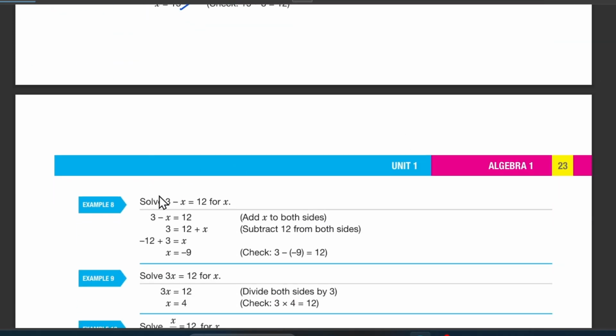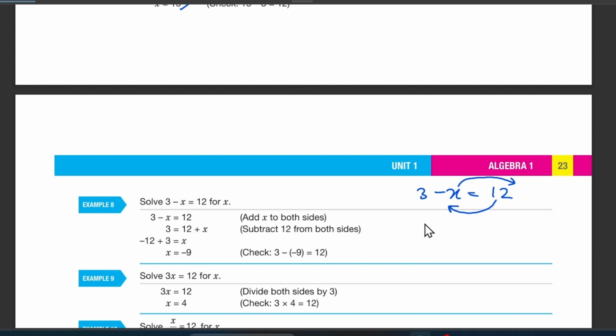And this one also, 3 minus x equals 12. So now here it's easier if we take this x to the right hand side and this 12 to the left hand side. Okay, then the x term will become positive, the 12 term will become negative.